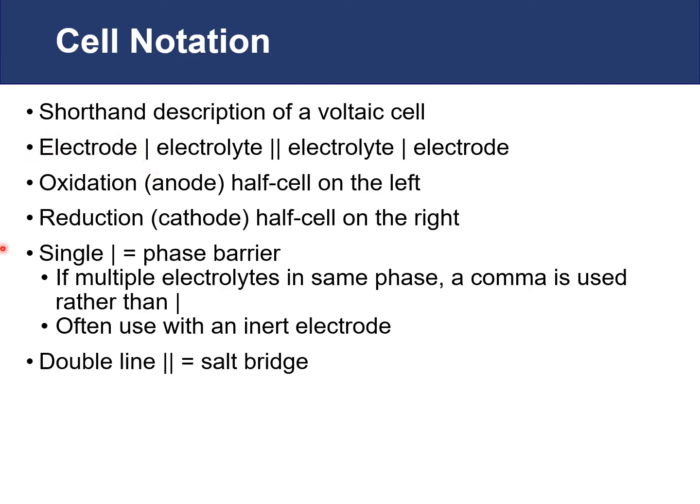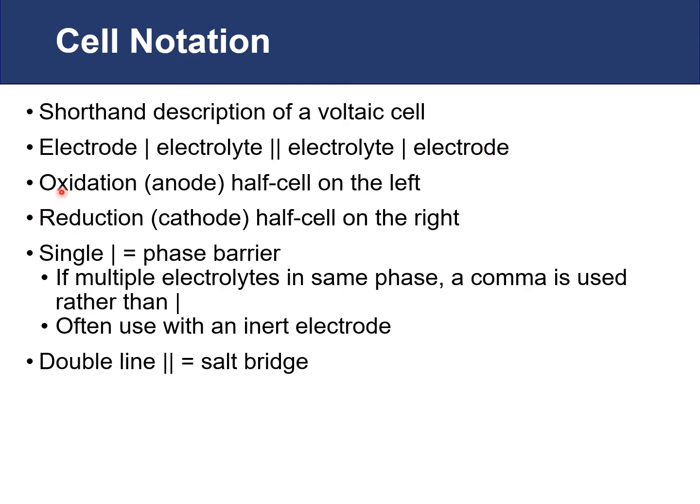This vertical bar will designate a phase barrier, where you're going from a solid to a liquid, solid to aqueous, solid to gas, gas to liquid, some sort of difference between phases. Then you'll have your electrolyte. A double bar is going to indicate a salt bridge. Then you'll have your other electrolyte, a vertical bar, and then your electrode.